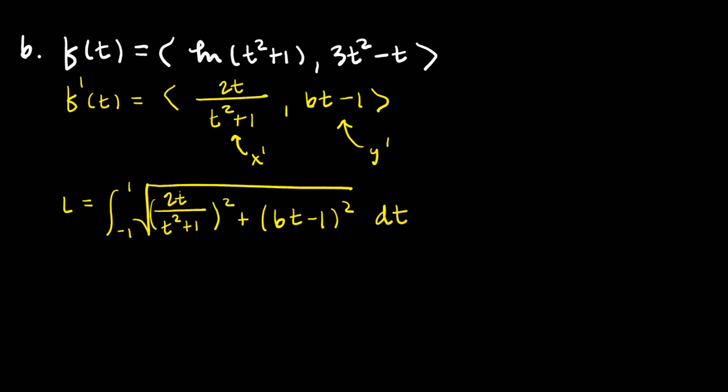It computes it the same way. Plus then 6t minus 1 squared with respect to t, as t runs from -1 to 1. And let's see, 6.363.